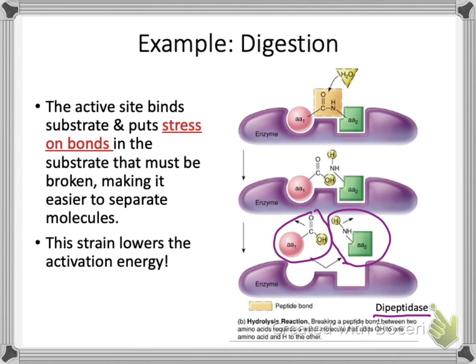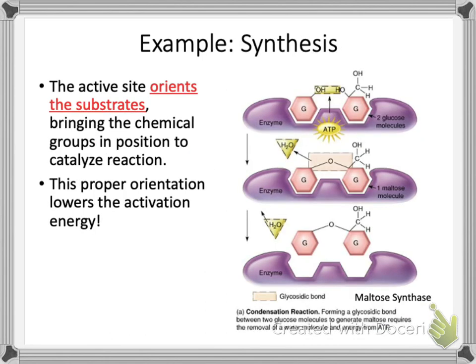So in digestion, the enzyme's induced fit squeezes existing bonds, allowing them to break easier, puts stress on them. In a synthesis reaction, the active site is going to orient the substrates and bring chemical groups closer together so that they can carry out a reaction. In this case, we have the enzyme maltose synthase. It's going to synthesize maltose, which is a disaccharide of 2 glucoses.